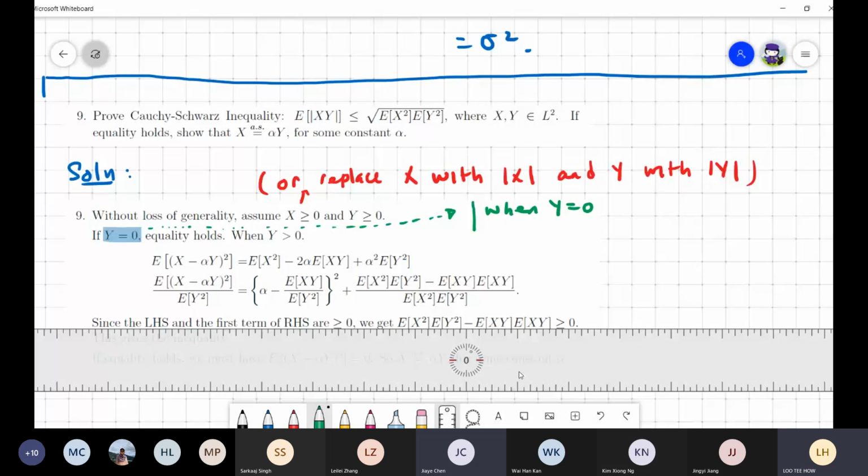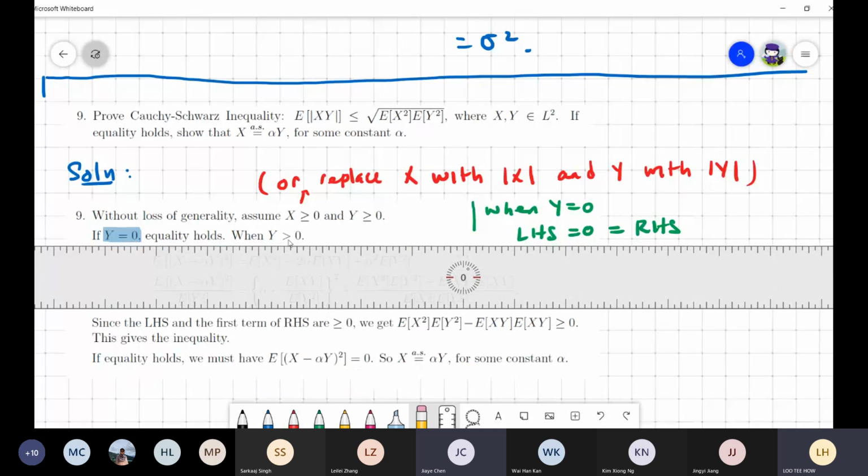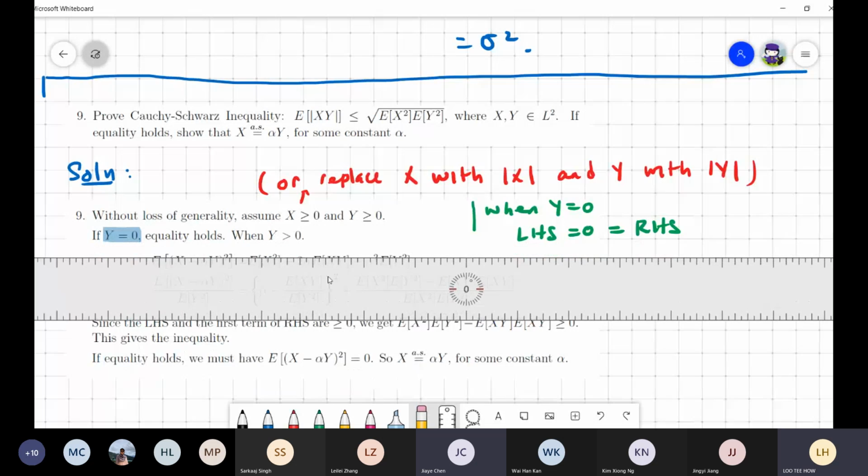So you can see the left-hand side equals 0 and also equals the right-hand side. So this is an equality case, no problem. So when Y equals 0, equality holds. That's what I mean here. Then we proceed to Y greater than 0. Next we just assume Y is non-zero, positive.